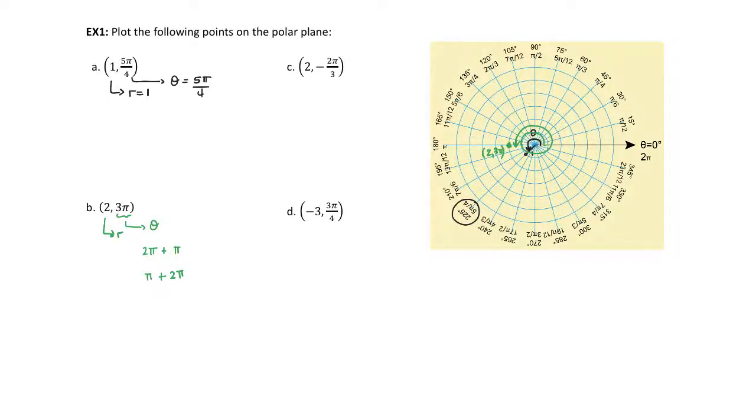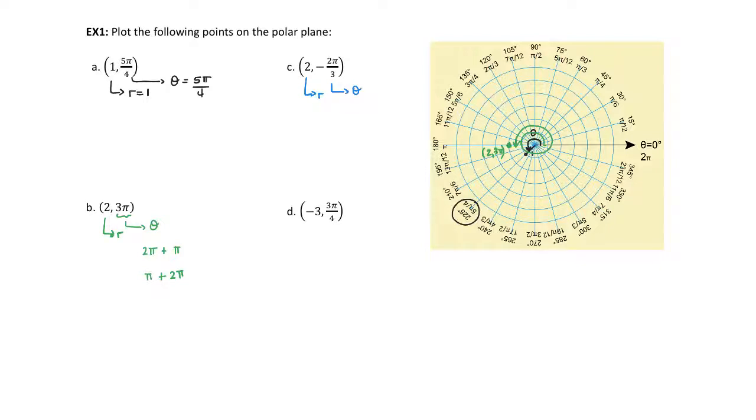All right, now let's do C. C right here has an r that is 2 and has a theta that is negative 2 pi over 3. Since the angle is negative, that means that we're going to measure the angle clockwise.